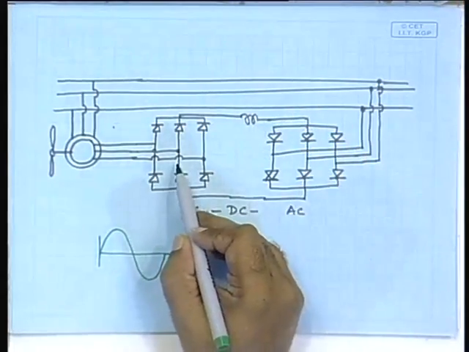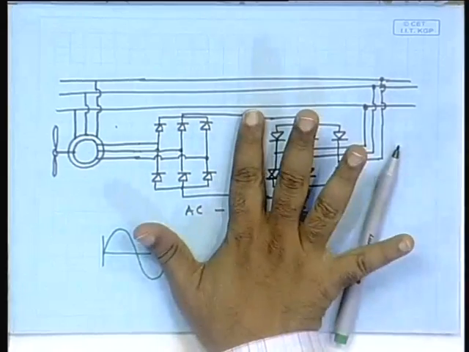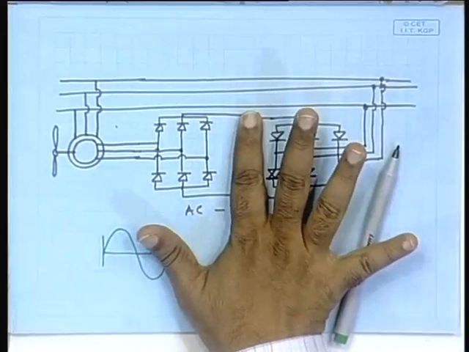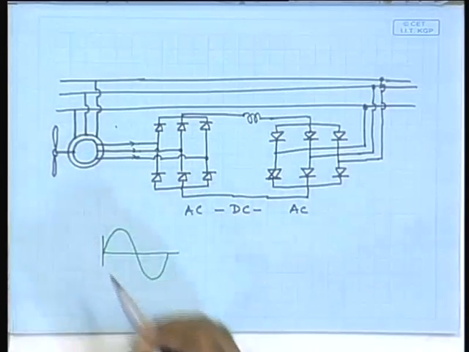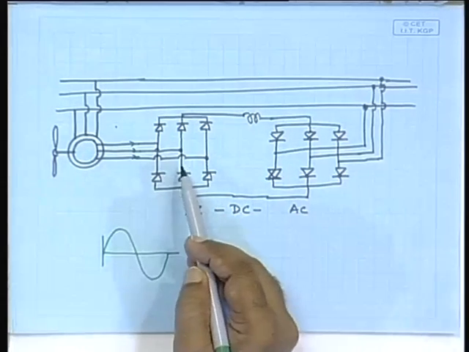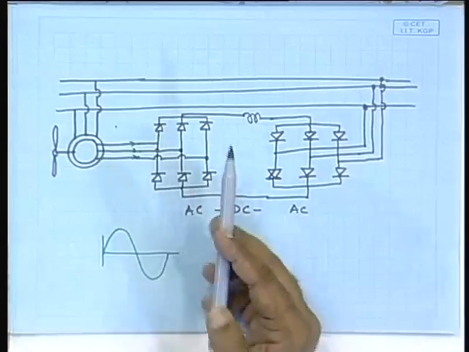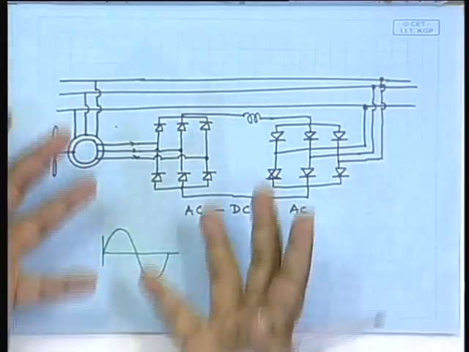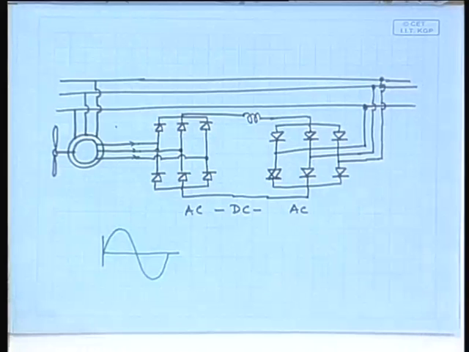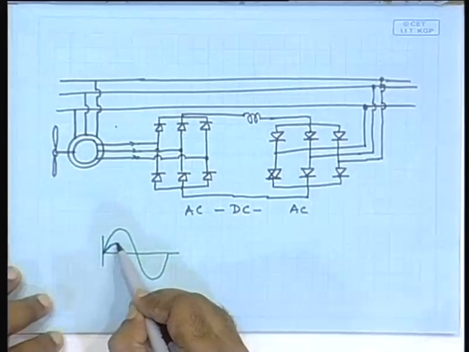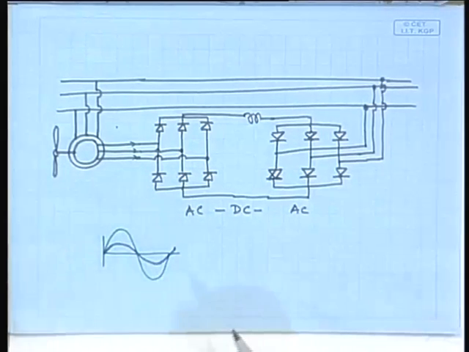What will be the phase of the current? On this side it is DC, here it is DC, here it is AC. I am talking about these currents. What will be the phase of the currents? They will be in phase with the voltage, because whenever there is a voltage, the current will flow. So, the current's waveform will be like this.